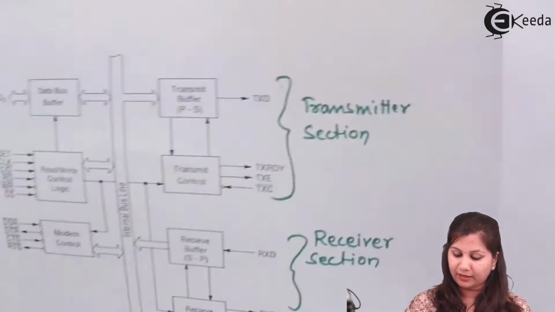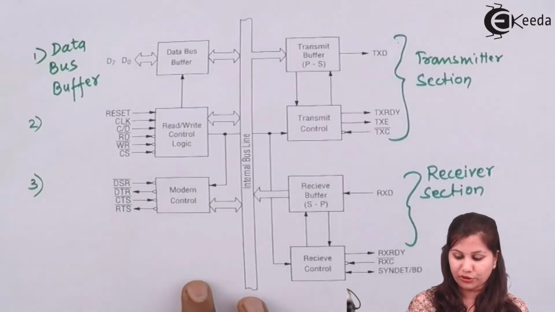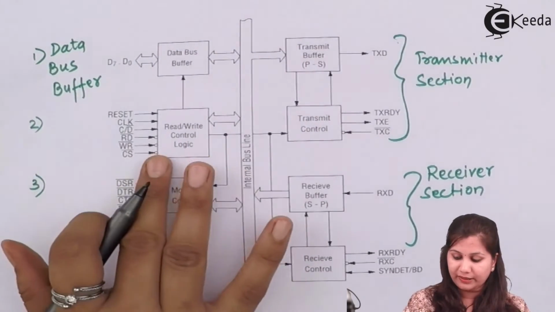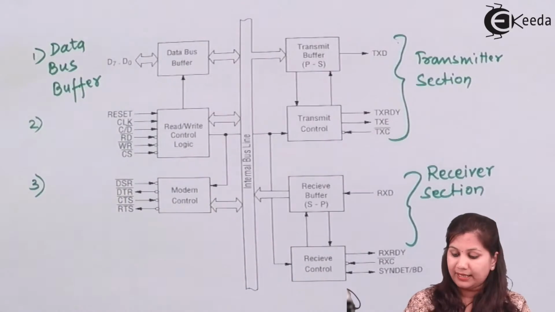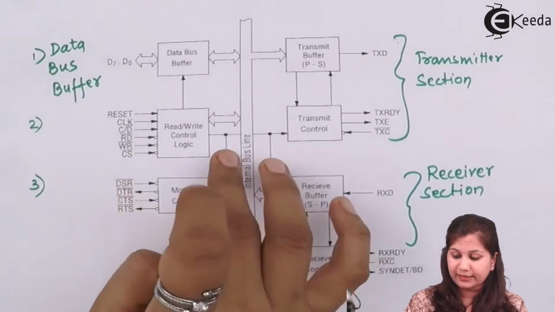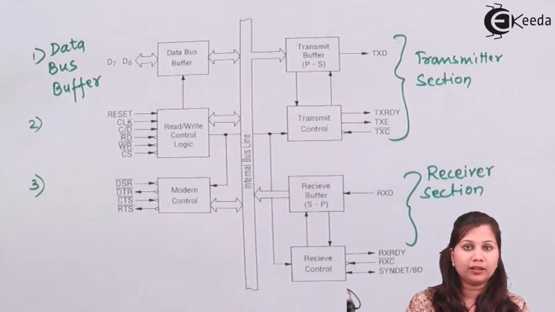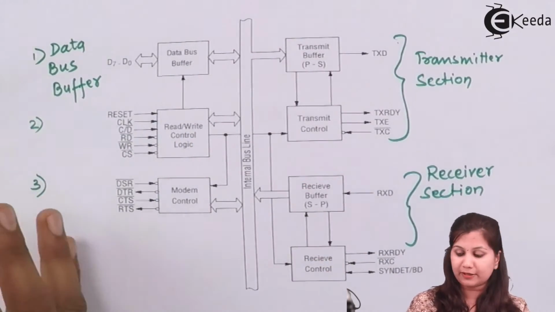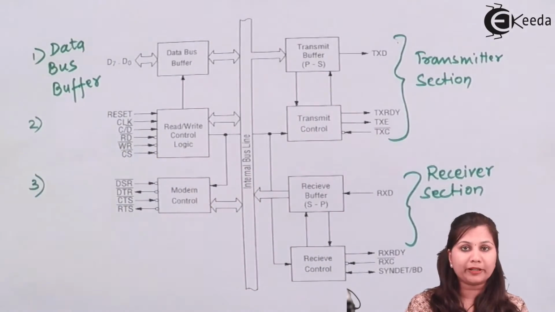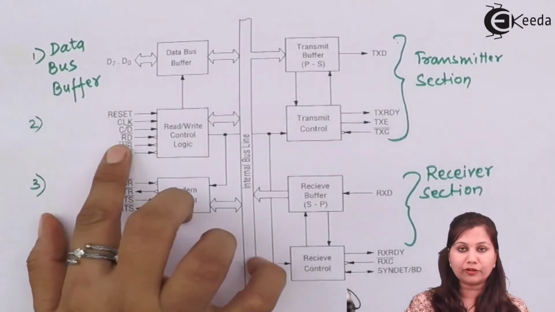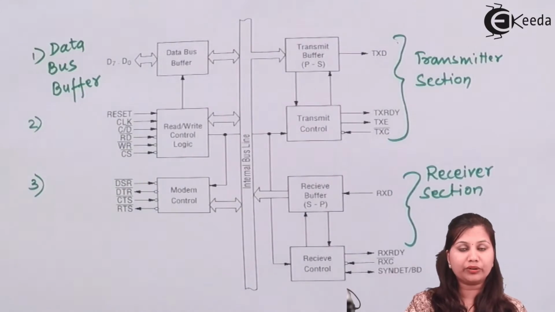Now the next block in the block diagram, or next section, is the read and write control logic. The function of this read and write control logic is to generate the control signals like read and write signals. They will be given to the 8251 by the microprocessor through this block. So according to these control signals, the operations are defined by the 8251. If the read control signal is given, it means it has to read the data.